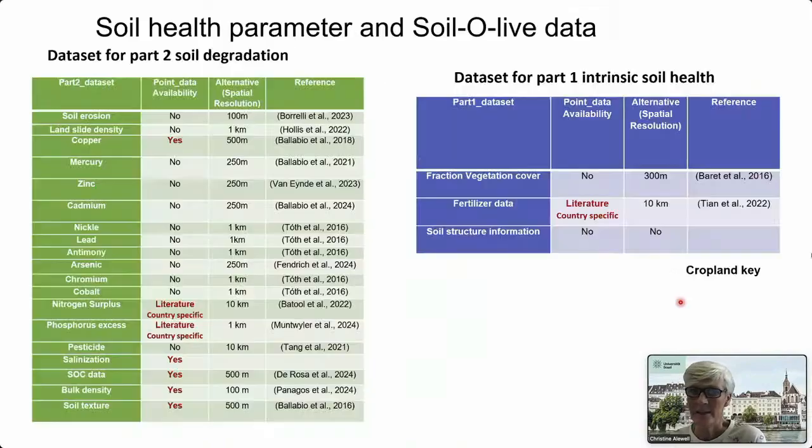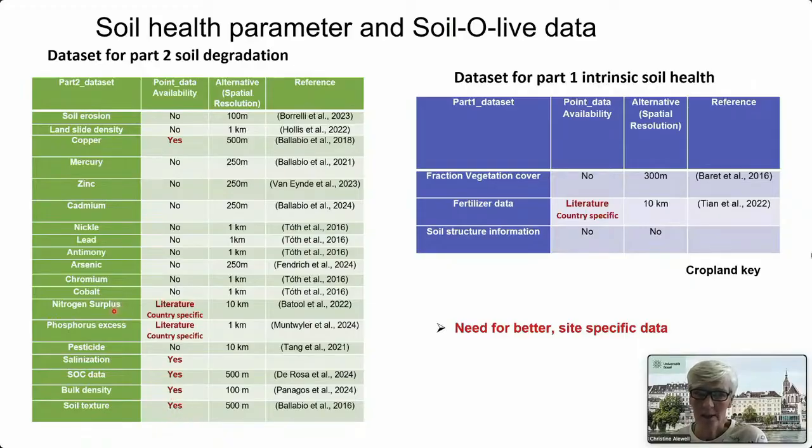However, there is a big but, and this but is actually the data availability. Even though this Horizon Europe project has already acquired some data, we have to admit that for the site-specific data really measured in the orchards, we only had copper, salinization, SOC data, bulk density, and soil texture.